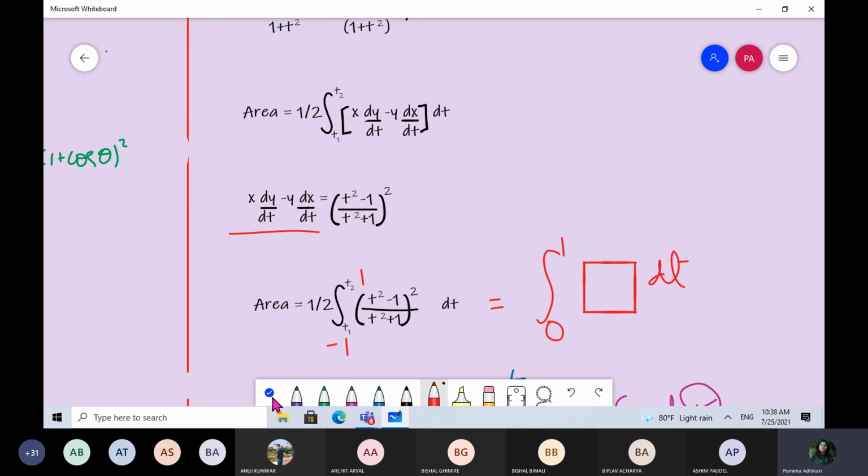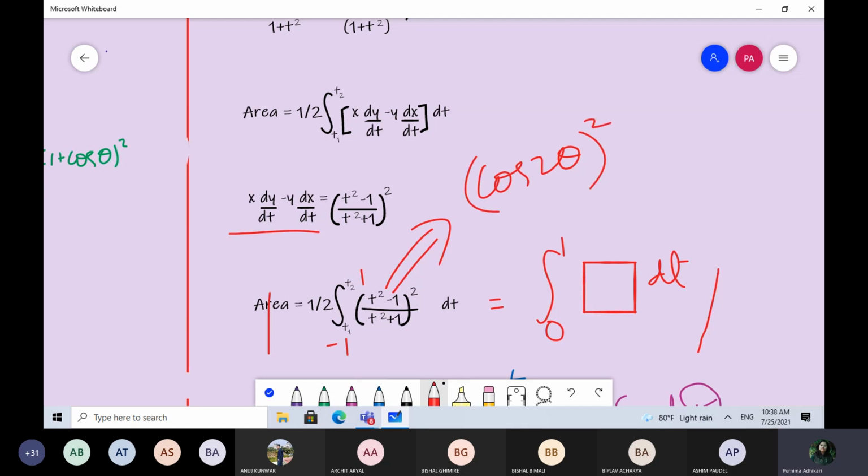So now we have to simply integrate. I have already mentioned that when you replace it by t equals tan theta, you will get cos 2 theta whole square.